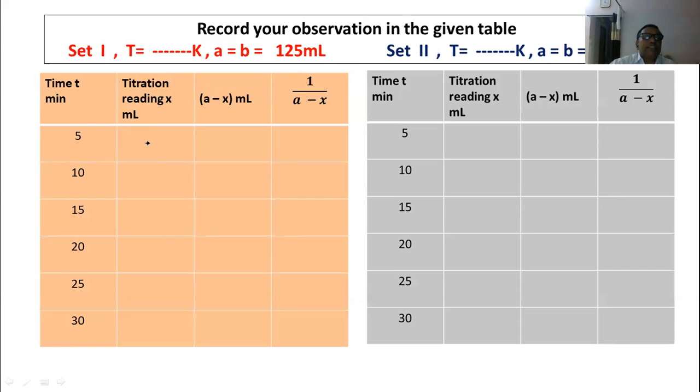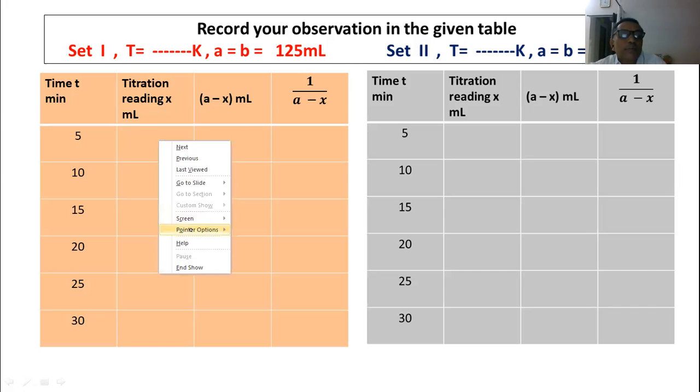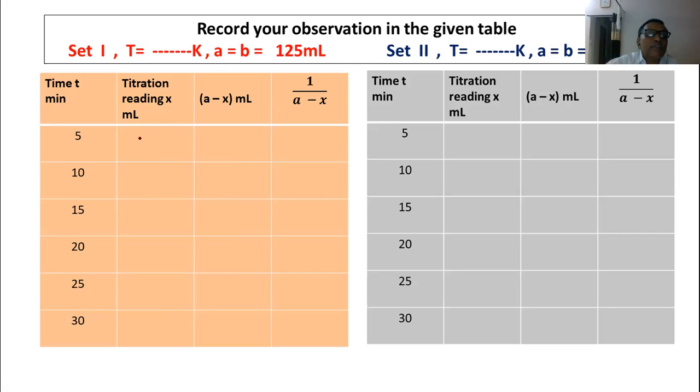So that is x and a minus x. Suppose a is 125, and x is, suppose, 4.0, so a minus x is equal to 125 minus 4. Suppose we get the first reading 4.0 ml.